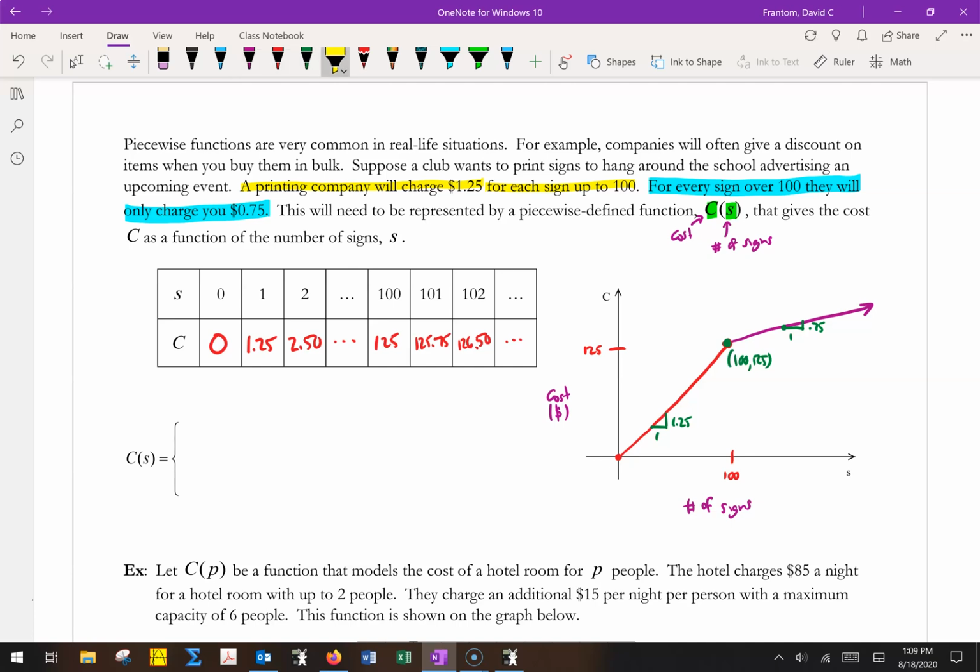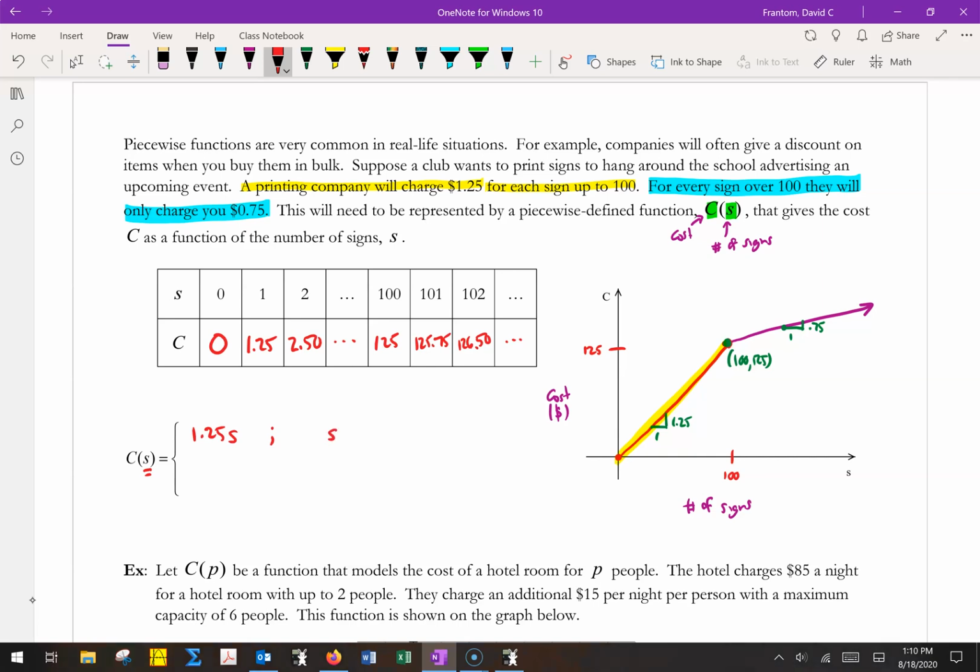So let's start by writing the equation of the first part of the graph. Notice it has a y-intercept of 0 and a slope of 1.25. So it's going to be 1.25s, make sure you use the right variable, plus 0, and you don't need the plus 0.